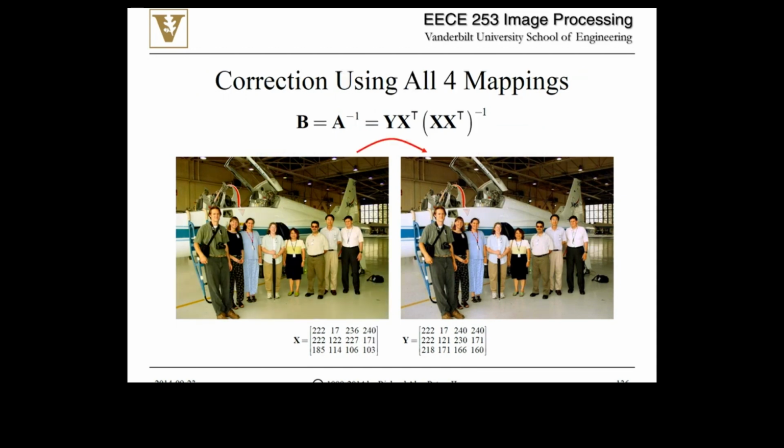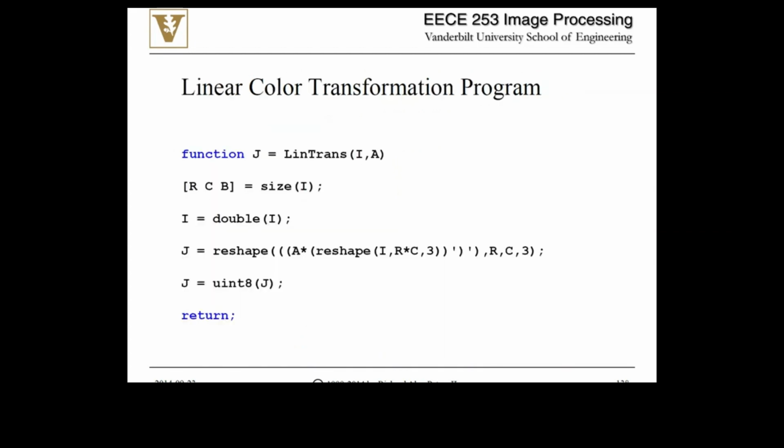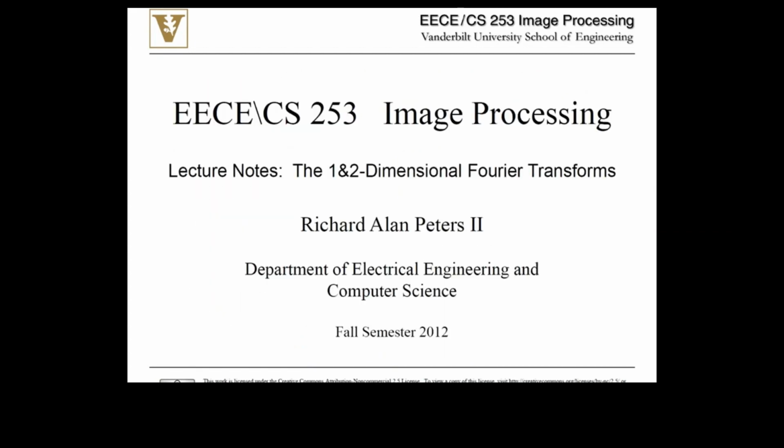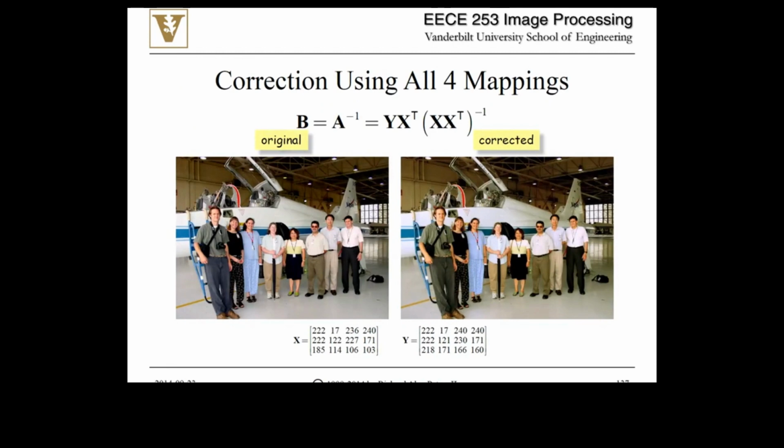So now we use all the mappings, all the 4 pairs that we have, and now it looks much more like the result. And this is MATLAB for that. Any questions about this?